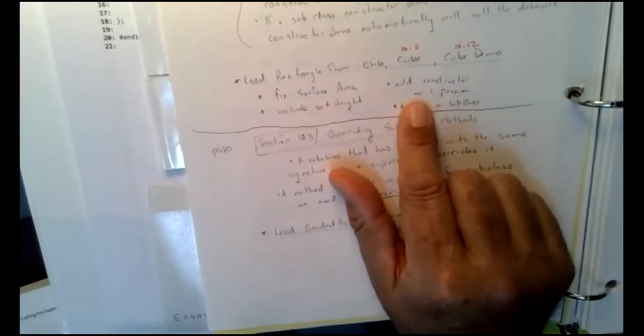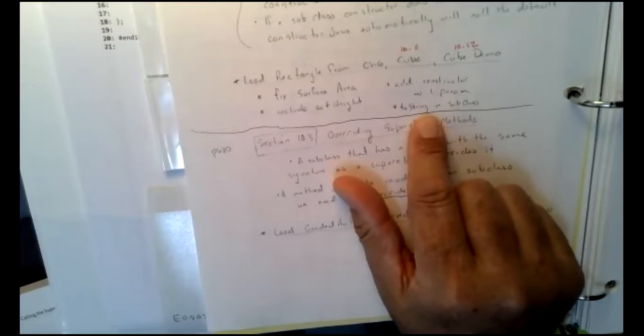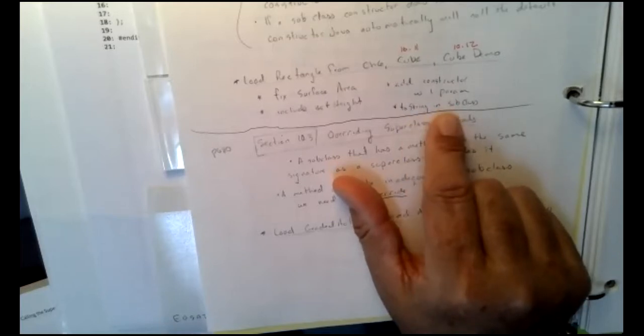I want you to add a constructor in your cube that has a single parameter coming in. And you're going to set the length, the width, and the height all to be the same. And then finally, I want you to put a toString in the subclass, in cube.